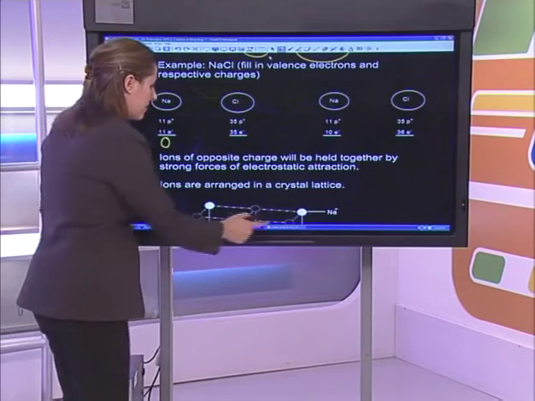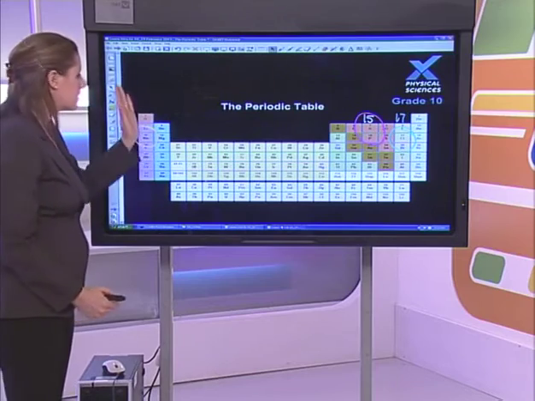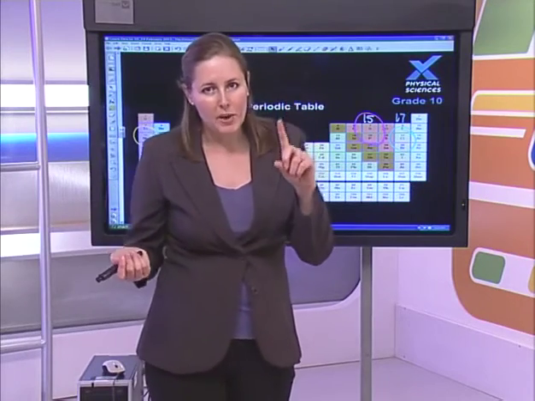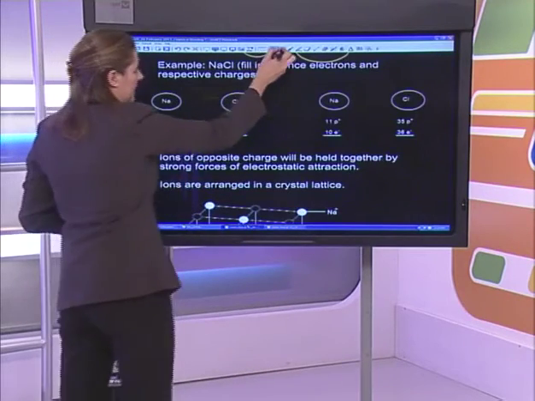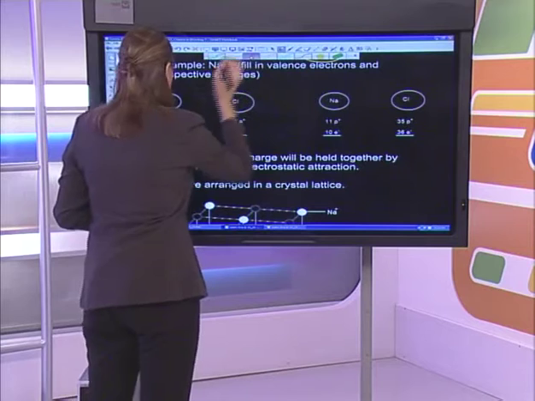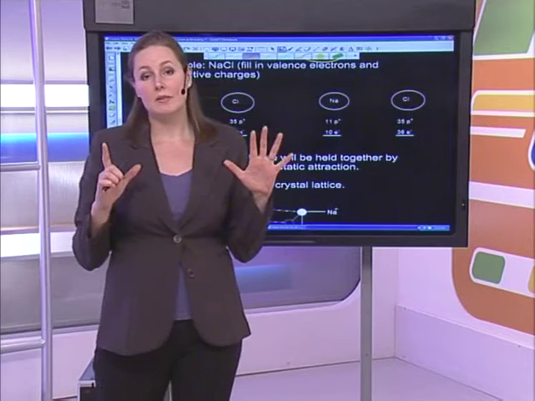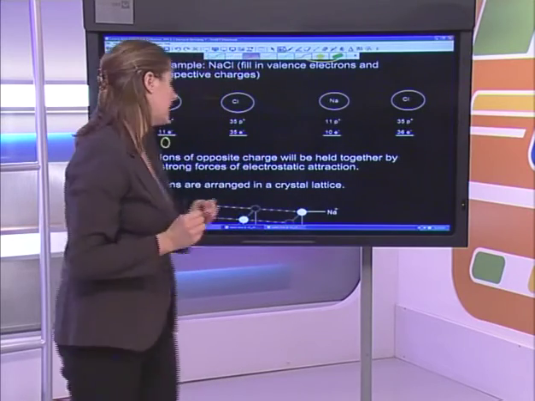I want us to fill in valence electrons. Now, jumping back to the periodic table, if we are considering valence electrons for group 1, how many valence electrons does it have? Well, simply 1. So we can draw that in. Let's jump across here and pick purple. I'm going to draw in 1 valence electron there. Then we come across to chlorine. We've just discussed chlorine, and we worked out that it was in group 17. 17 minus 10 gave me 7 valence electrons.